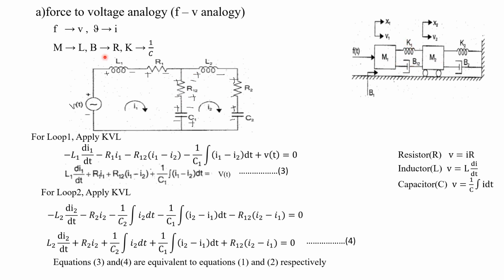Similarly, what about K1? K is transformed to C. So K1 will be C1. So here you have to represent the C1. Quantity wise K will be 1 by C, but element wise the spring will be transformed into a capacitor. Here you have to draw the capacitor, not 1 by C1. It will be C1. Understood?